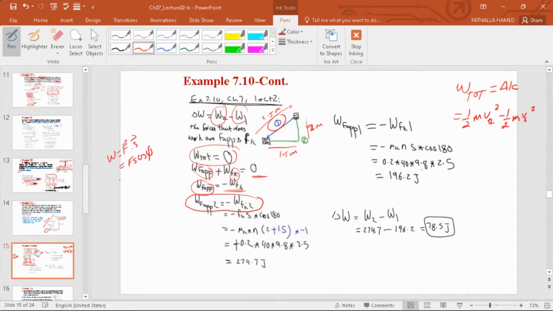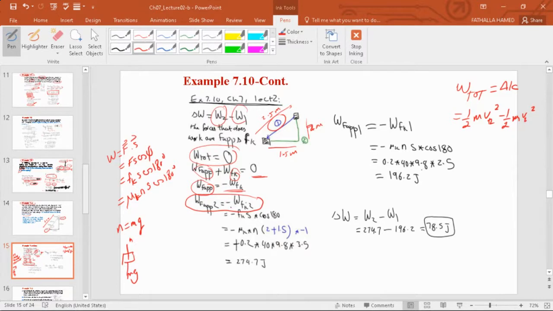In this case, for friction, that's equal to Fk s cosine 180 degrees. And you know that the force of kinetic friction is equal to mu k times the normal force, times s times cosine 180 degrees. And the normal force in this case should equal mg.